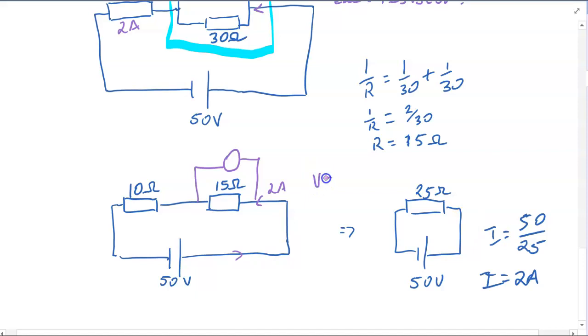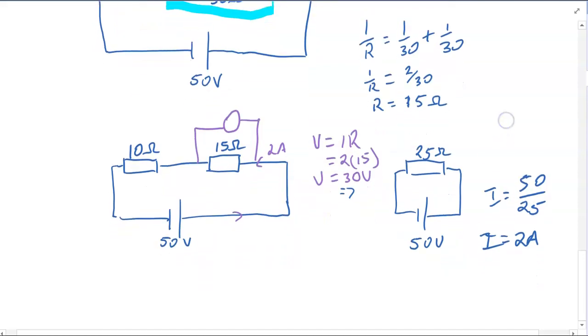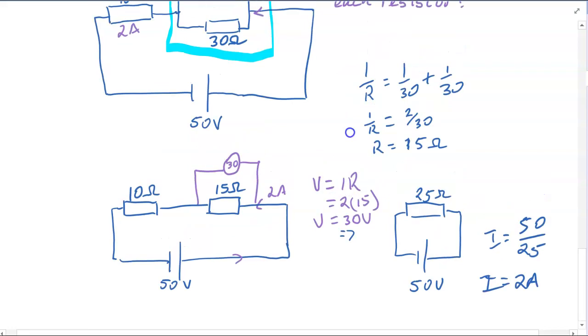So I can work out my voltage from Ohm's law. V is equal to IR. So my current is 2, my resistance is 15, so my voltage there is 30 volts. Okay, so now I know that there is 30 volts across there.